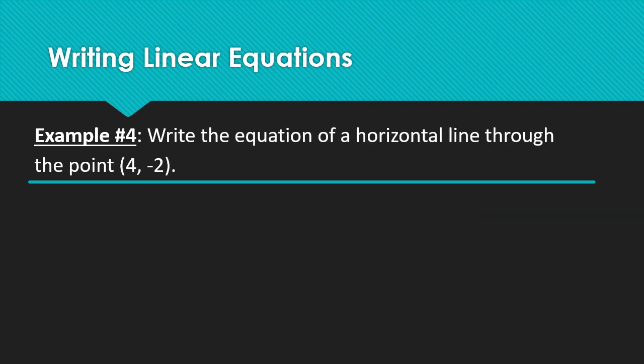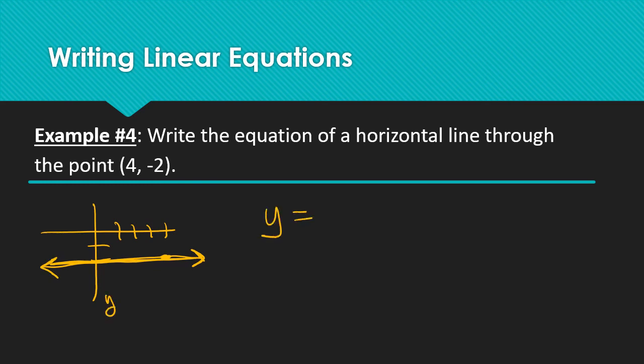Okay, example 4. My favorite problems, and you guys way overthink these. Write the equation of a horizontal line through the point (4, -2). Worst case scenario, if you absolutely have no idea how to do this, you're going to graph the point. So you're going to go over 4 and down 2, and you are going to draw this horizontal line. So here's my horizontal line. If I think about what axis it crosses, it crosses my y-axis at -2.